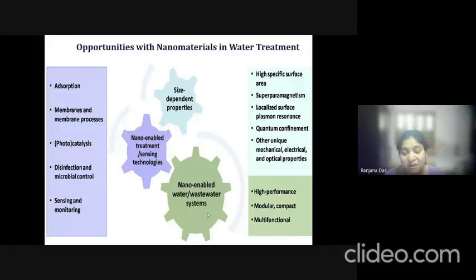There lies the importance of the nanomaterial. Nanomaterial can give you that opportunity that in situ, or when you are on the go, at whatever moment you are there, you can have safe water. That is individual supply of safe water. That is the boon of nanomaterial-based water treatment.